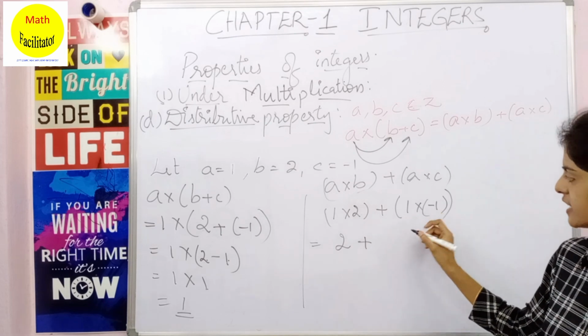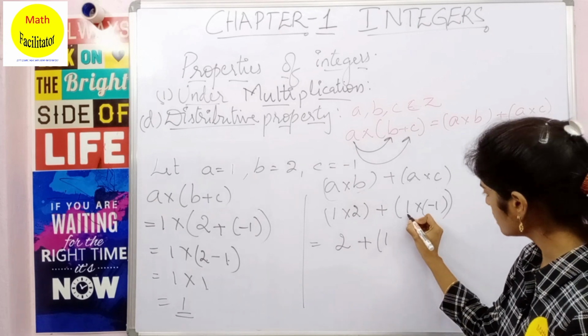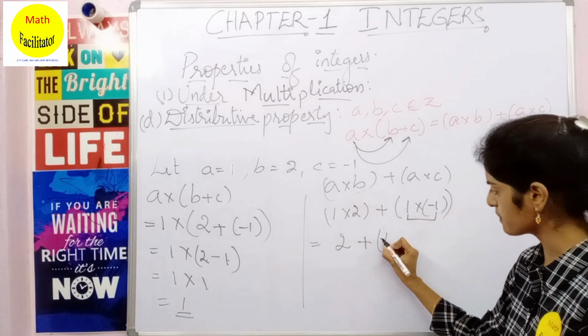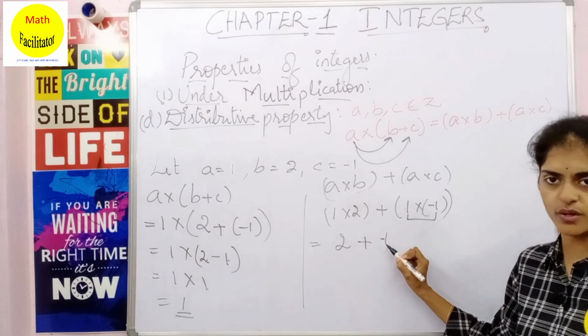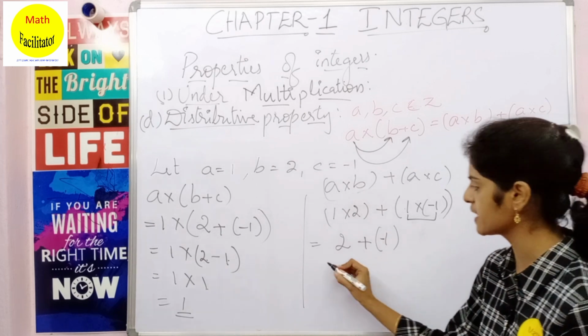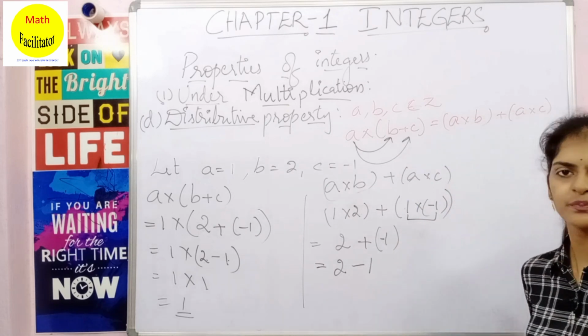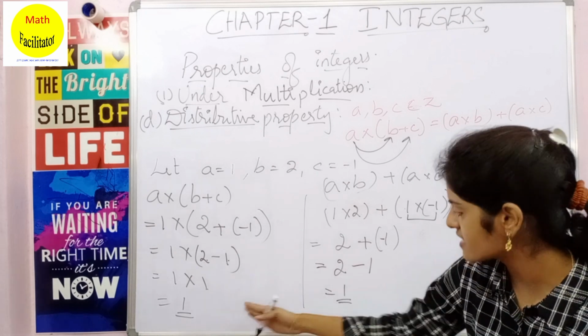Plus 1 into minus 1. Now let us multiply it. 1 into 1 is 1, and plus into minus is minus, so the answer you got is minus 1. But since plus and minus are side by side, you write a bracket here. So it is 2, plus into minus is minus 1. So 2 minus 1 is 1. Now you can see that LHS is equal to RHS.